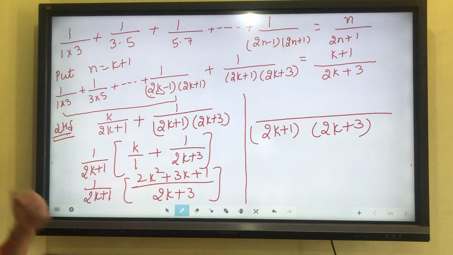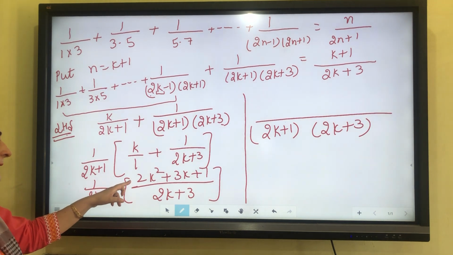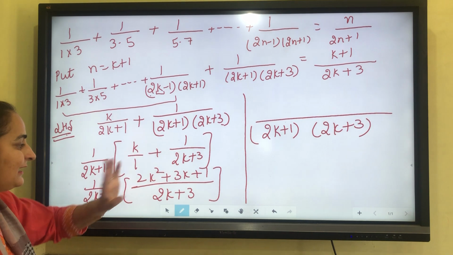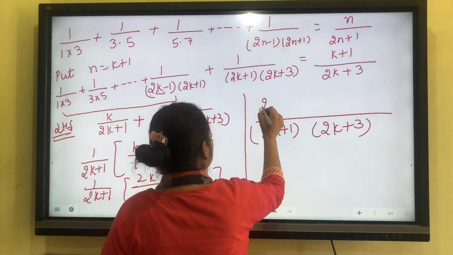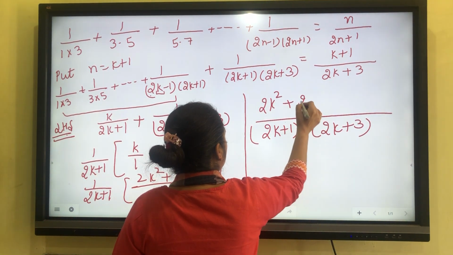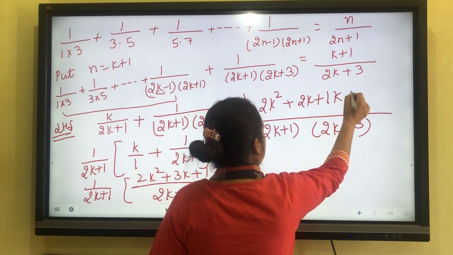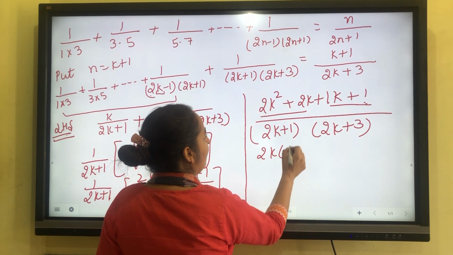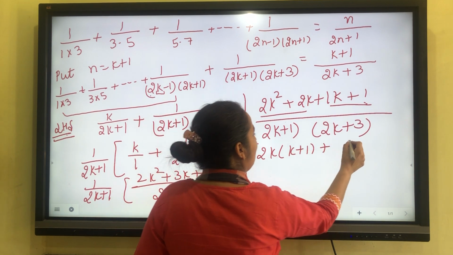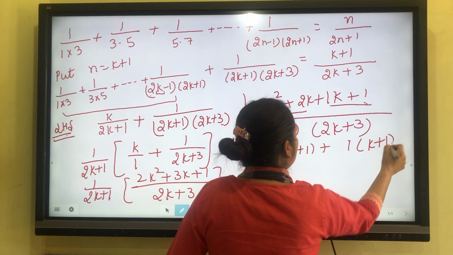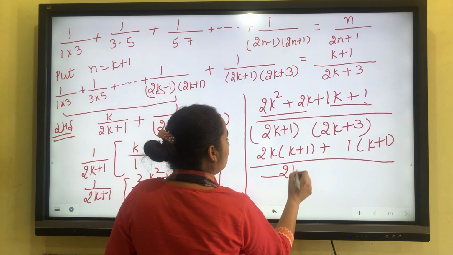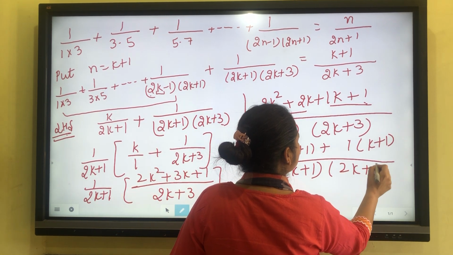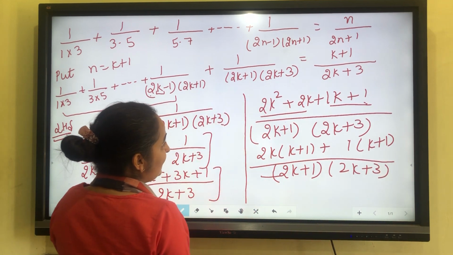Now, in the numerator, the product of two numbers gives 2, and by adding the numbers we get 3. What is the result? 2k square plus 2k plus 1k plus 1. Now, pairing the terms, 2k is common, k plus 1 plus 1 into k plus 1, whole divided by 2k plus 1 into 2k plus 3. Now, k plus 1 is common.